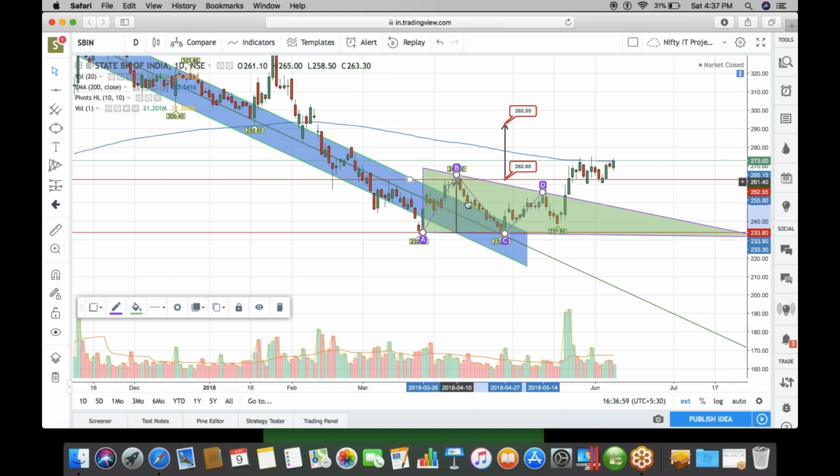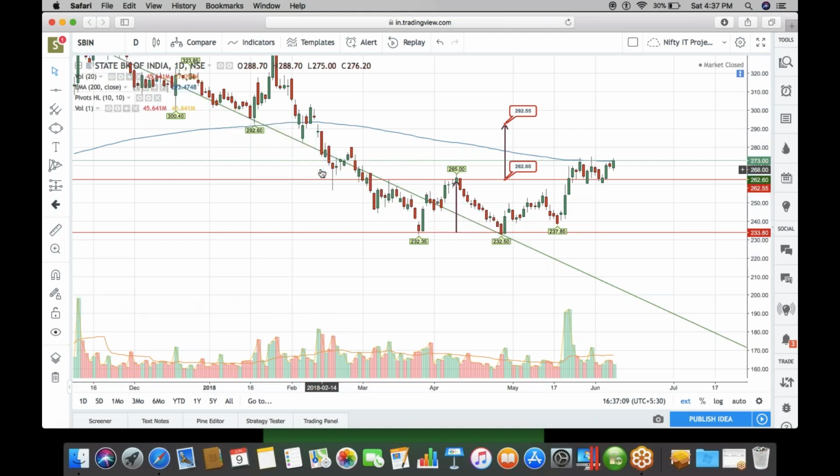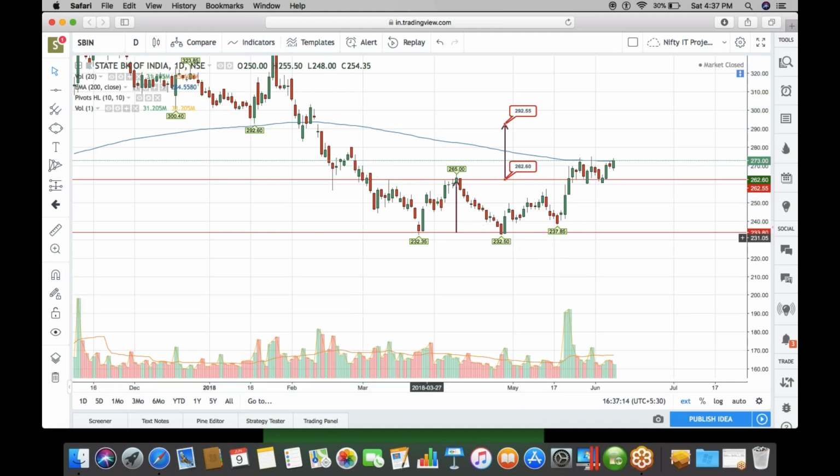See this. What is an ascending triangle? Let's remove this. Let's remove this also. Now what is an ascending triangle?